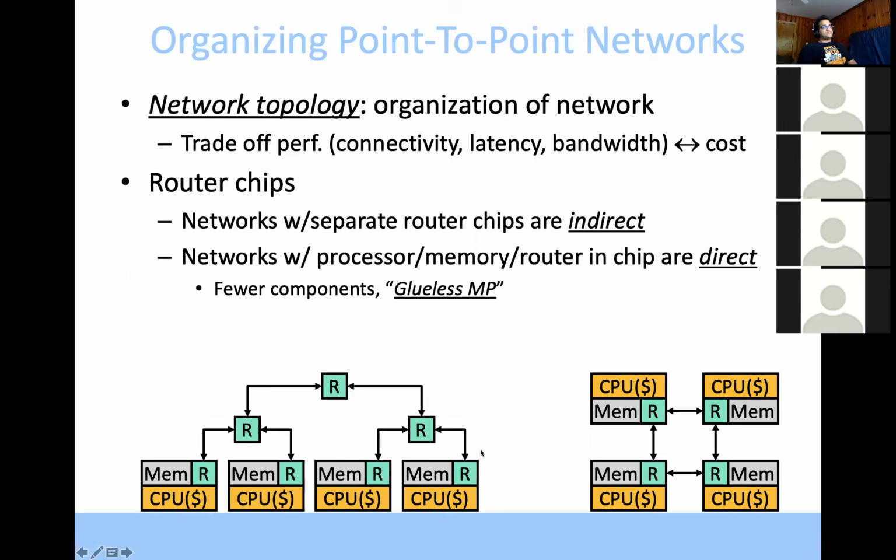These router chips, you think of them as routers that you see in the internet, or wired networks. So these are called indirect, these are directly connected chips. The distinction here is really not that important.